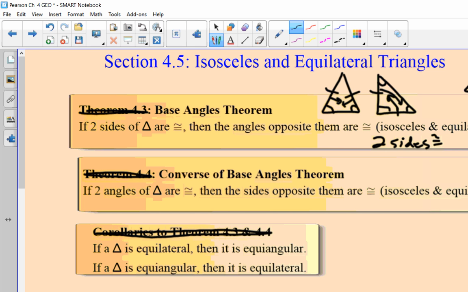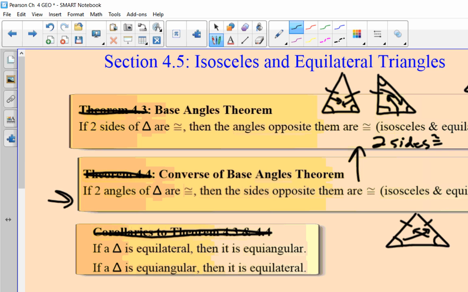Okay. In the second box, if two angles of a triangle are congruent, then the sides opposite them are congruent. So it's the converse of this one, right? If you draw it this way, if these two angles are equal, then the opposite sides are going to be equal.